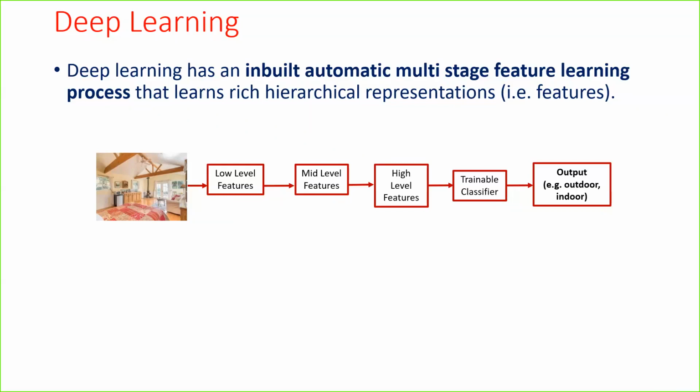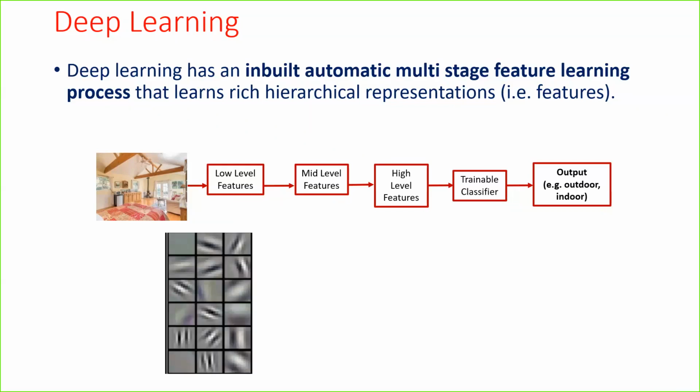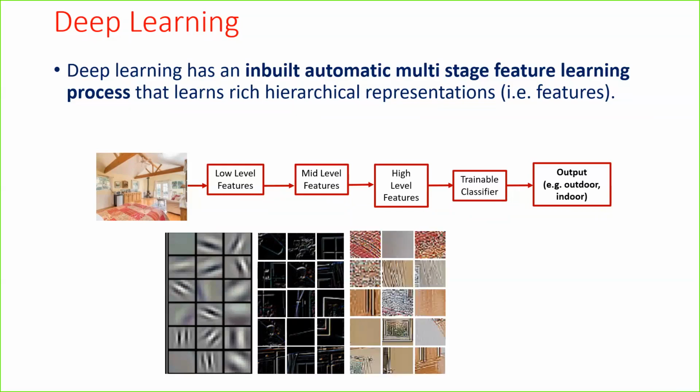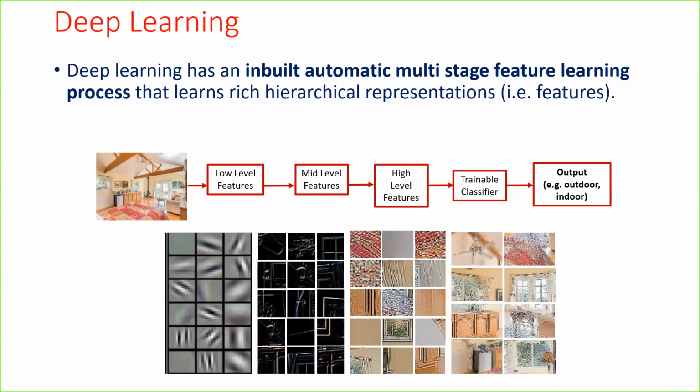Low level features could be pixels or edges. Mid level features could be edges of the image or some part or motif of the image. High level features could be parts or motifs as you see here.